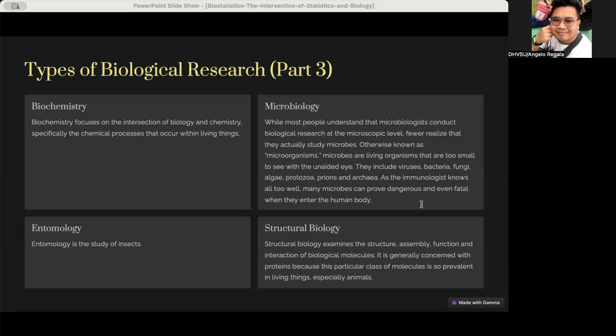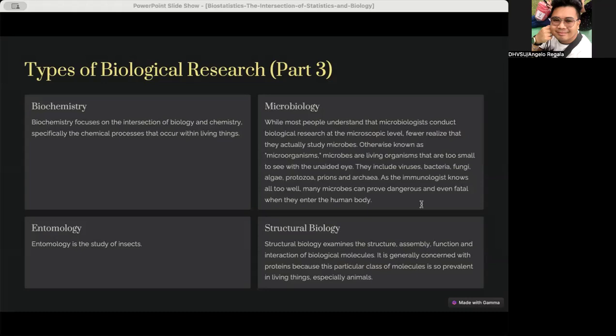As we all know, in immunology we focus on the foreign objects or foreign substances that are dangerous to our body. So microbiologists and immunologists work together in understanding those viruses and bacteria that can be harmful to our body.